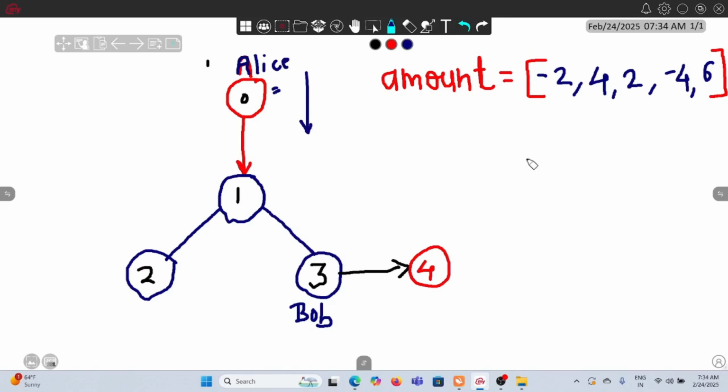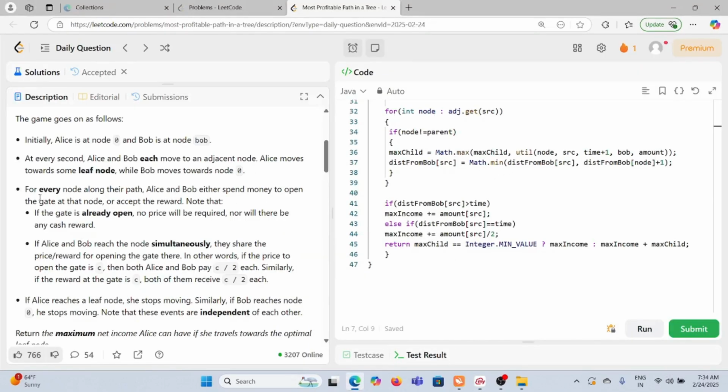Now, whenever they reach any node, this is the array. At every index, whatever the node is, this is the cost, basically the amount needed to open the gate. Now there are certain conditions, so we will read them. Initially Alice is at node 0 as we discussed, and Bob could be at any node.